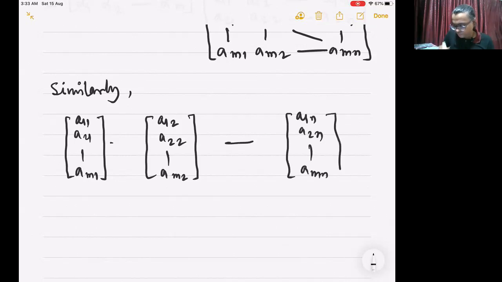So these are column vectors, right? Suppose I have a linear combination of these columns, beta 1 times this plus beta 2 times this plus dot dot dot plus beta n times this. There are n columns now.